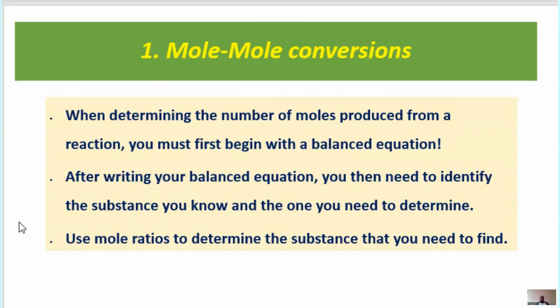After writing your balanced equation, you then need to identify the substance you know and the one you need to determine. Use mole ratios to determine the substance that you need to find.